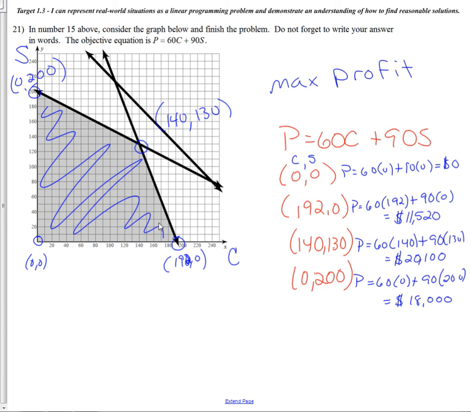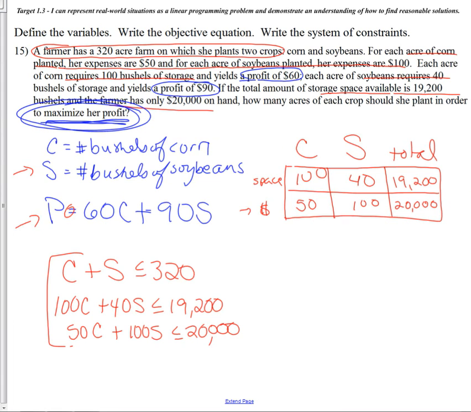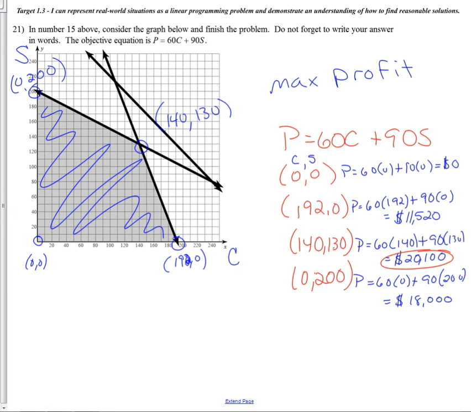Now we want the maximum profit, which would be this one. So when we write our sentence, let's make sure that we put that in context. So let's go back to the problem real quick. It says a farmer has. So a farmer is going to plant crops.